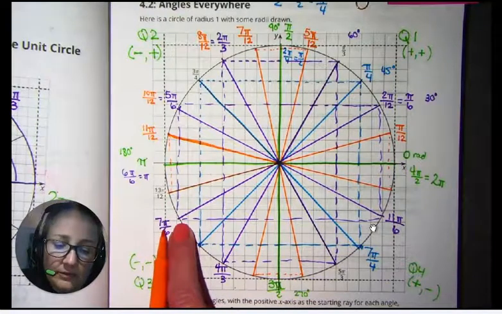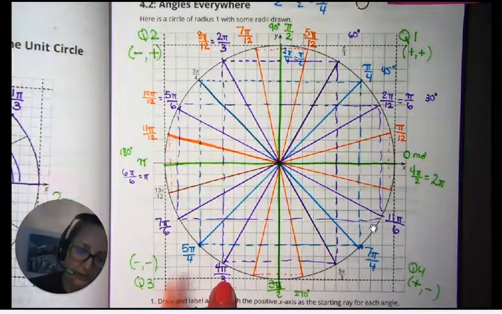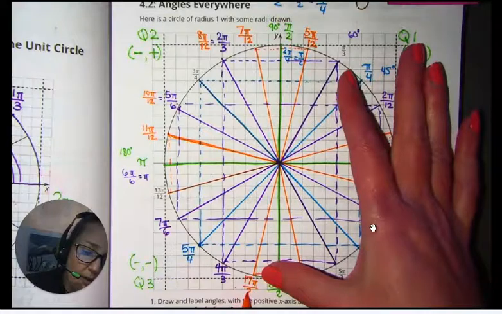14 pi over 12, 15 pi over 12, 16 pi over 12, 17 pi over 12. This can't be reduced.